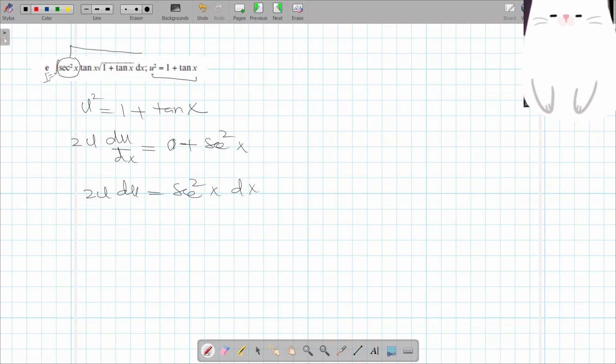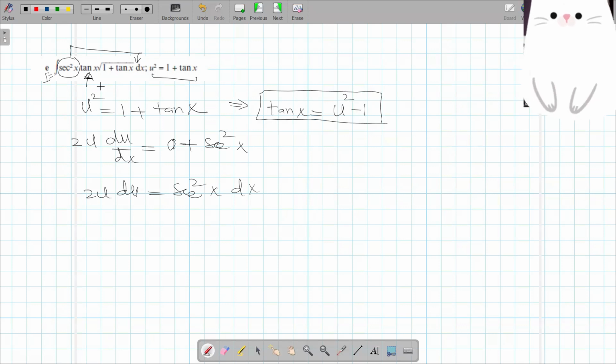So we will write sec squared x together with dx. And what is left is tan 10x. So we will determine 10x from here. 10x will be equal to, in terms of u, u squared minus 1.